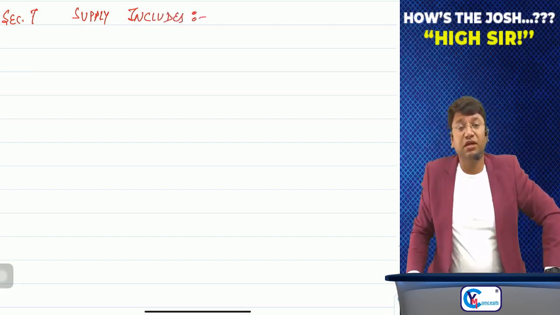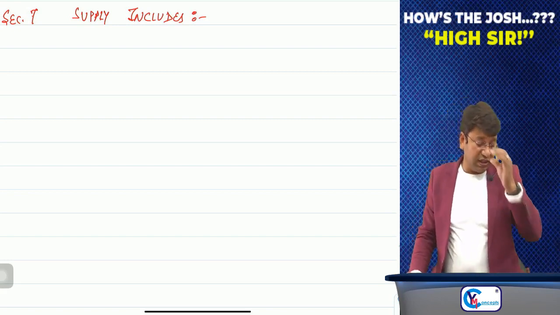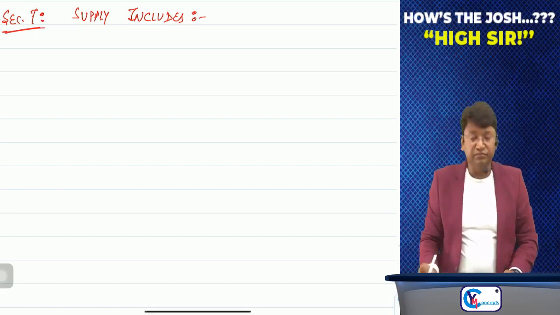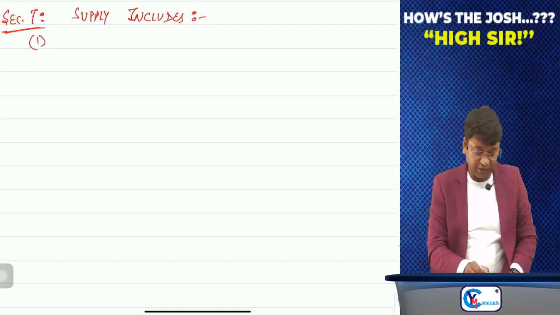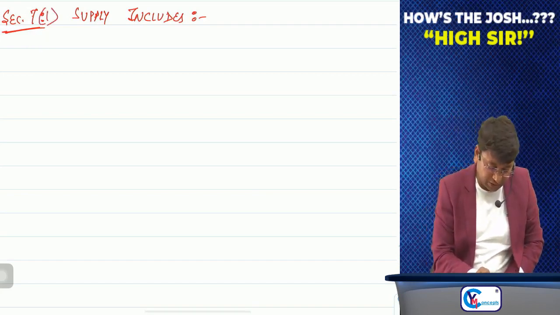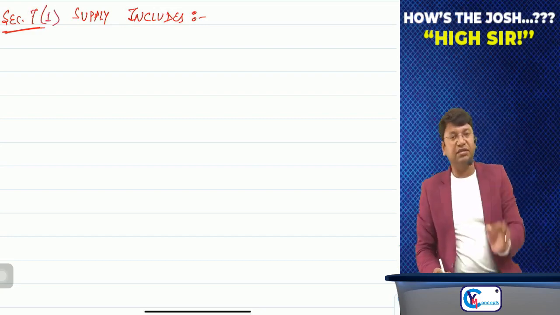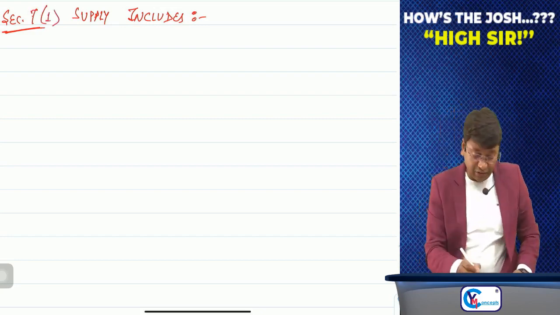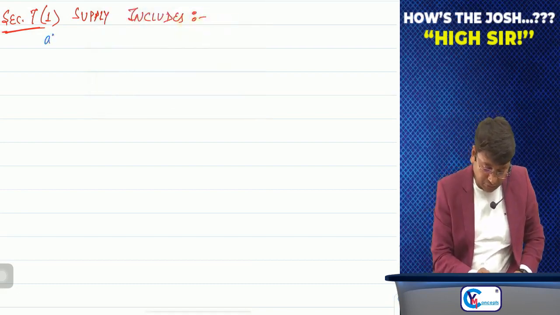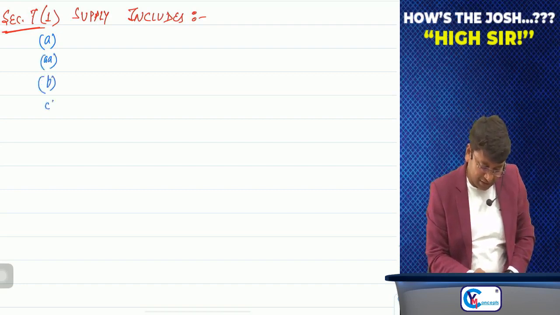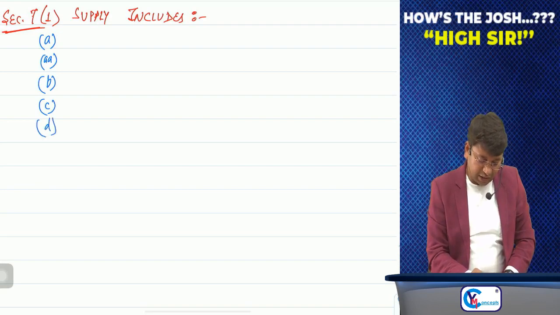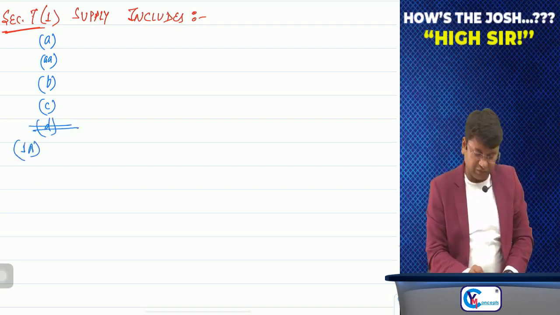The term supply includes. Section number 7 subsection 1 says that supply includes clause numbers A, AA, B and C. Earlier D was there, but D was deleted and subsection 1A was framed.